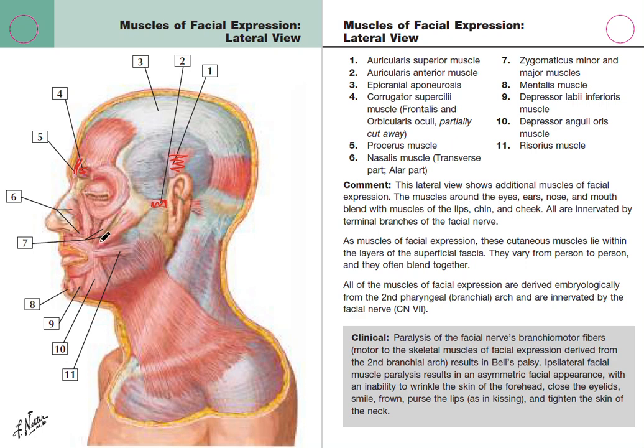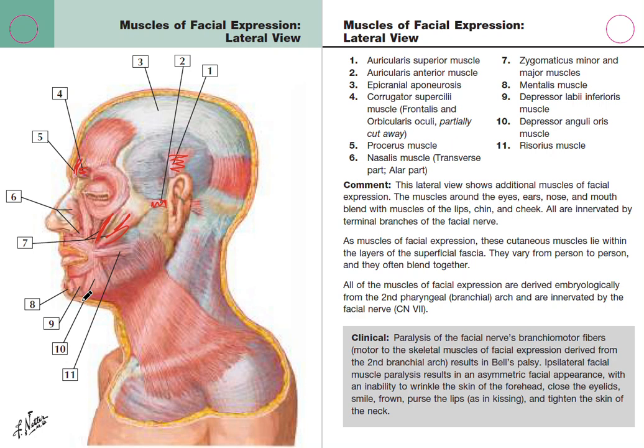And posteriorly, we see the zygomaticus minor muscle anteriorly, and behind it, the larger muscle strip is the zygomaticus major.